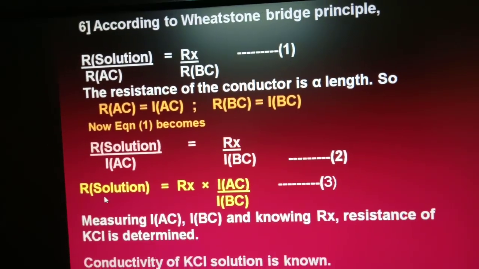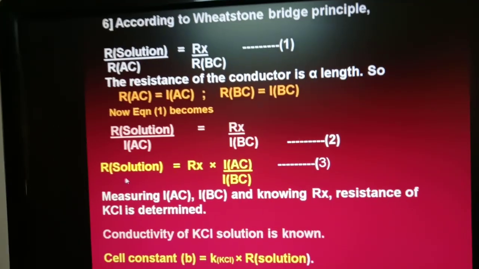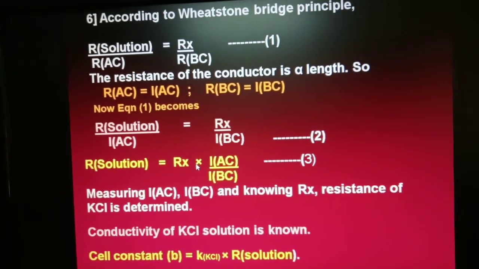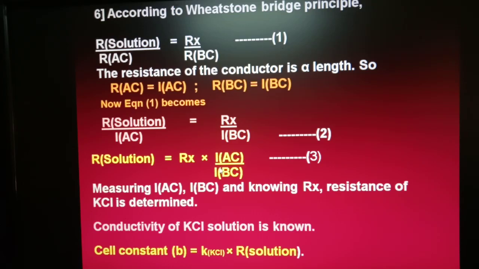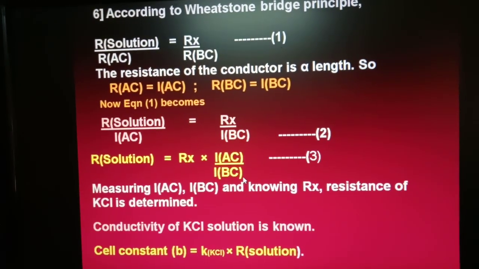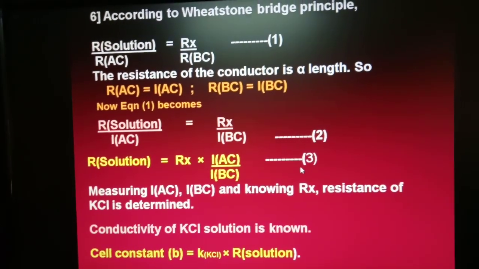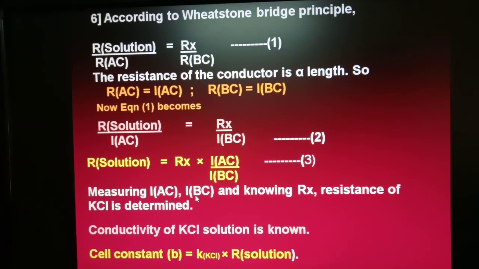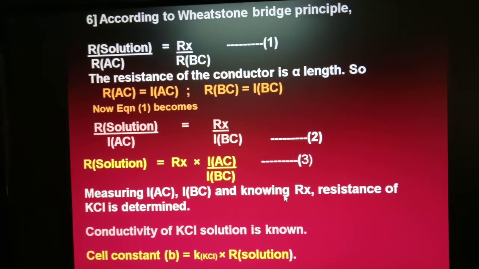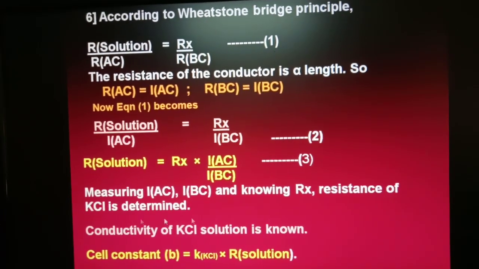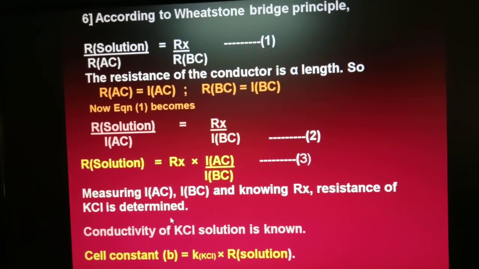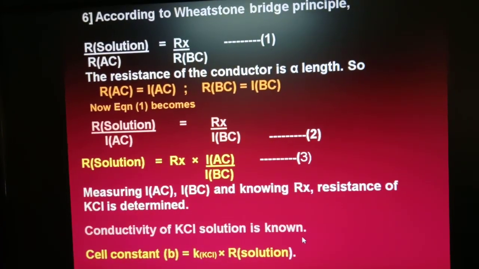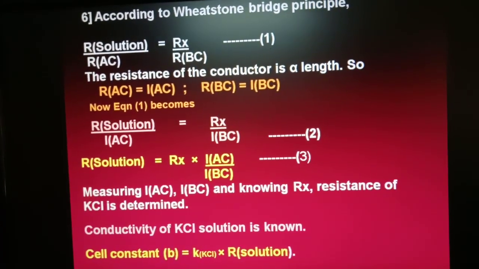Now rearranging equation 2, we get resistance of solution is equal to Rx multiplied by length AC upon length BC. Let us call this equation number 3. Now, measuring length AC and length BC and knowing Rx, the resistance of the KCl solution can be determined. Conductivity of KCl solution is known at a particular temperature.